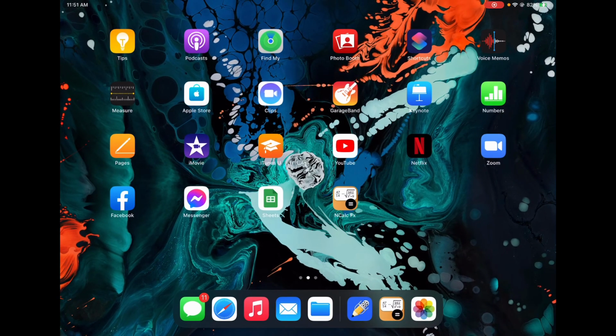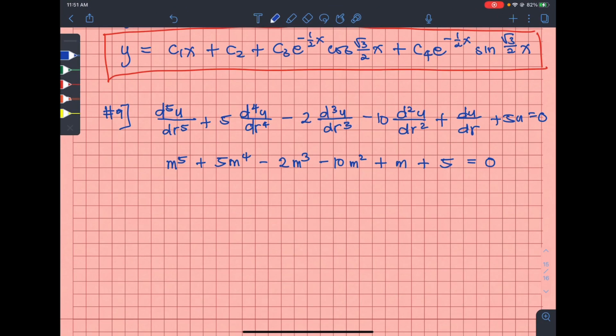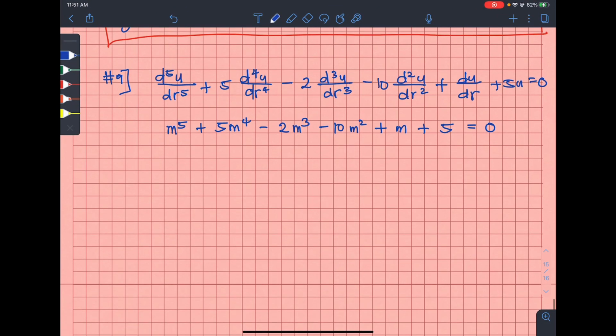The only way on how to do this is through trial and error. So using synthetic division. So kahit ako hindi ko alam ang roots, no? Manghuhula lang tayo. That would be 1, 5, negative 2, negative 10, 1, and 5. So again, hula una is 1.